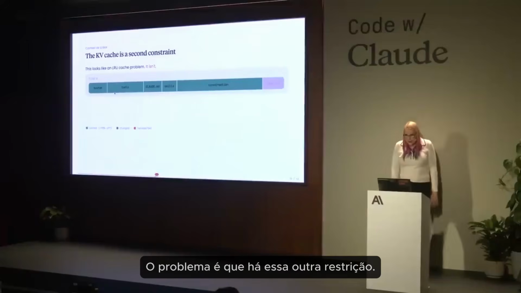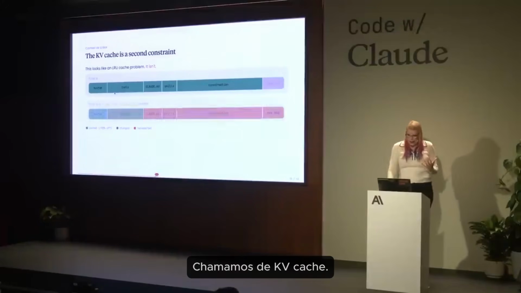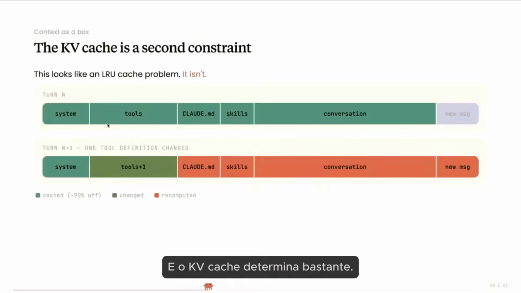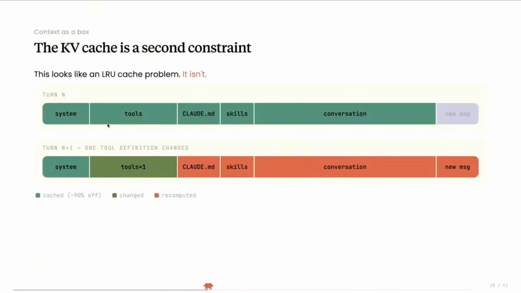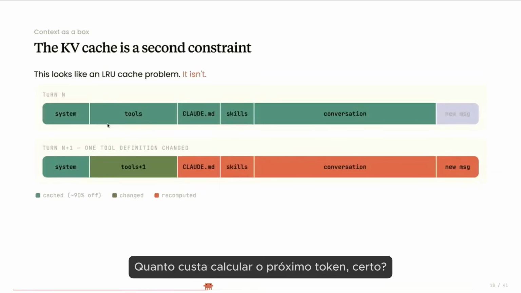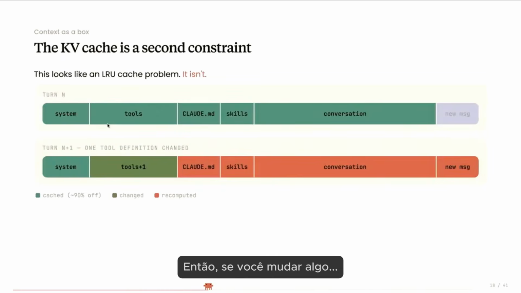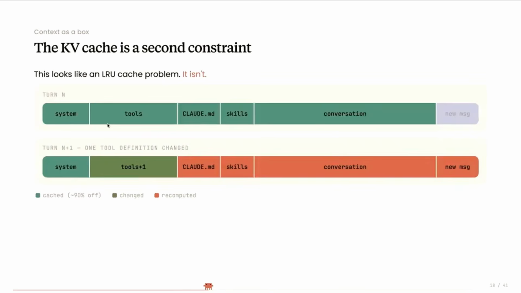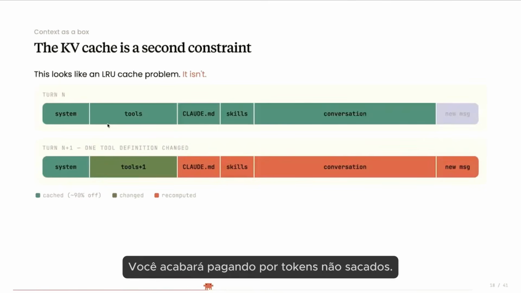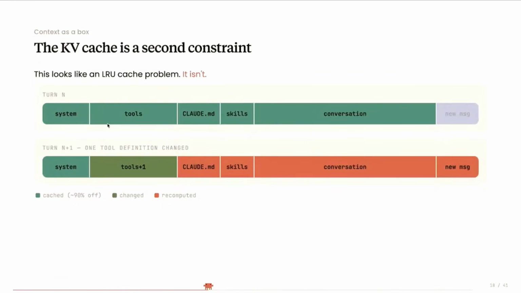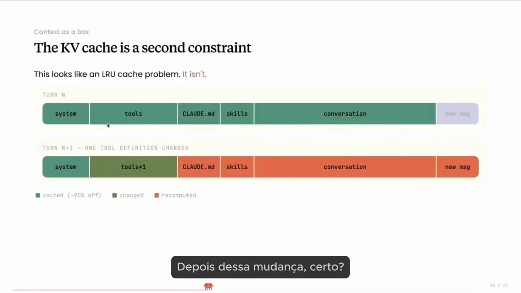The problem is that there's this other constraint that we have called the KV cache. And the KV cache pretty heavily determines how expensive it is to calculate the next token, right? So if you go and change something really early in the prompt, you're going to end up paying for uncached tokens, which cost 10 times as much, for all of the rest of your context window after that change, right?